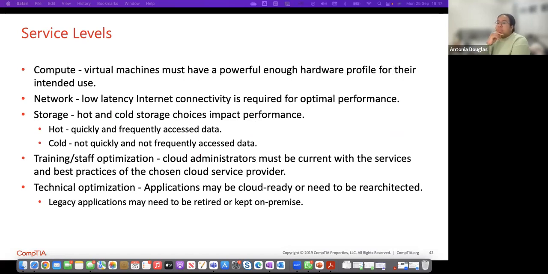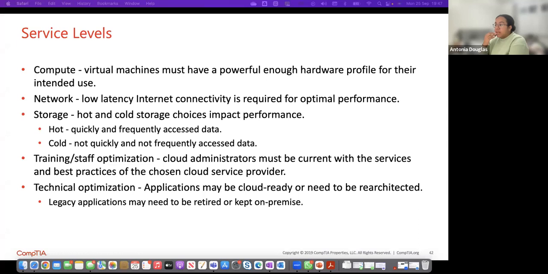So compute, your virtual machines, network, we spoke about capacity, storage, having hot, cold storage choices, what is the requirement for the organization? How quickly do you need to access your assets? Staff training to ensure that those gaps of technical knowledge reduce potentially, as an example, and then technical optimization.